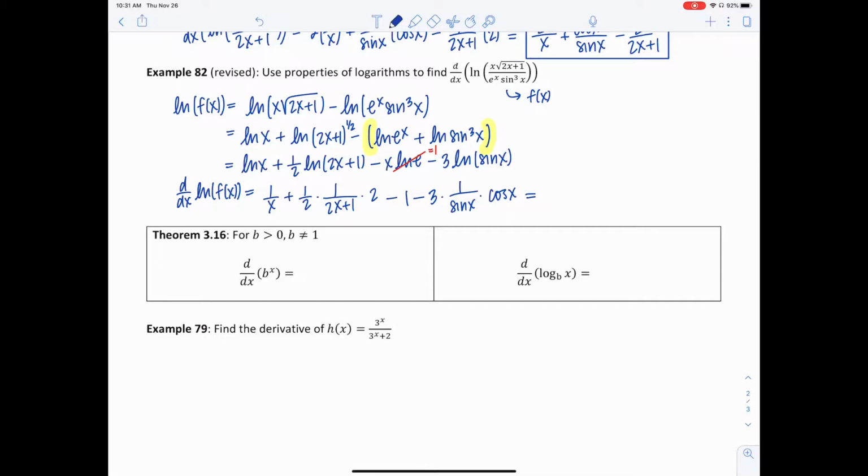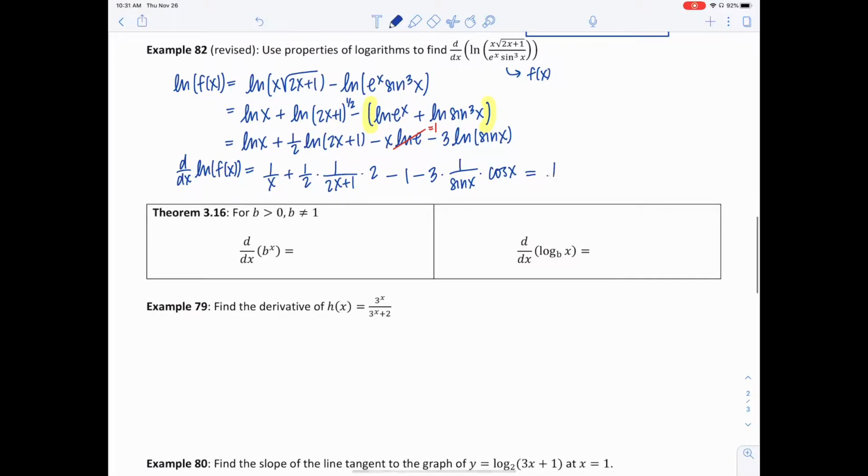Okay, let's simplify. 1 over x plus, these 2's are going to cancel out, so I have 1 over 2x plus 1, minus 1, minus 3 cosine on top and sine x on bottom.